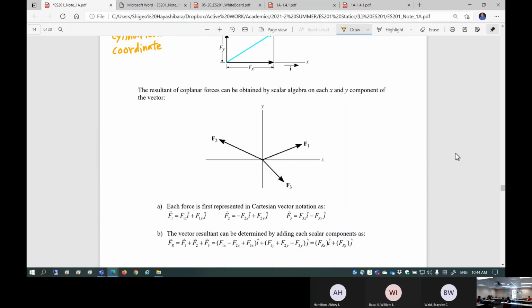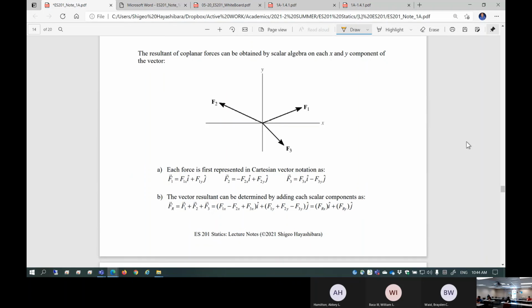Okay. So anyways, the resultant of coplanar forces. Resultant means, suppose you're given F1, F2, F3, three force vectors in 2D space x, y. Let's say, find the resultant of all of those three forces. How can you do it? Well, you can do it graphically, of course.